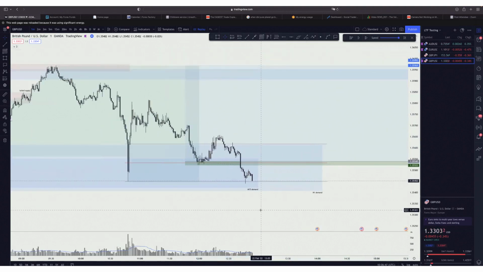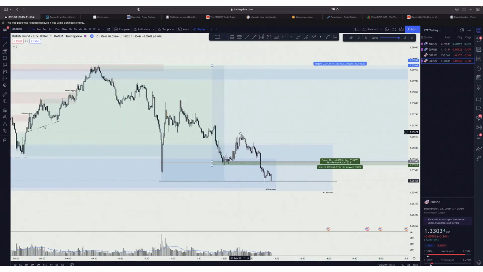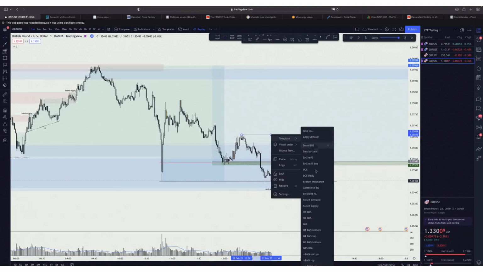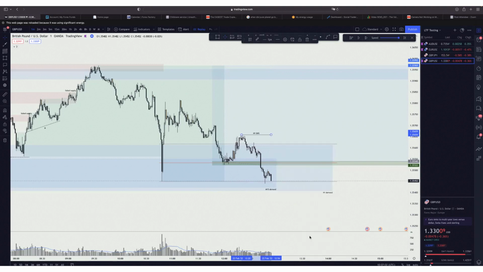I'm pretty sure from what we saw earlier, it is going to go long. I would probably wait for a break of this 1 minute swing structure, because there was a supply on the left which unfortunately held the price.